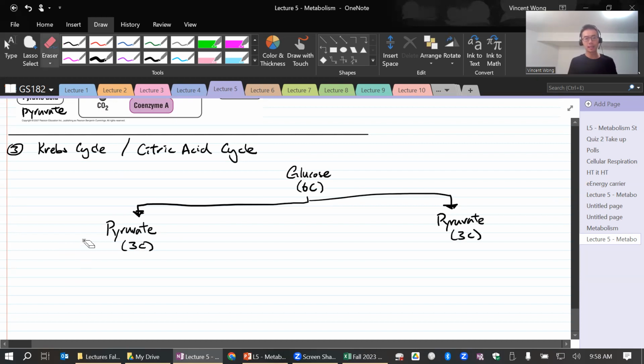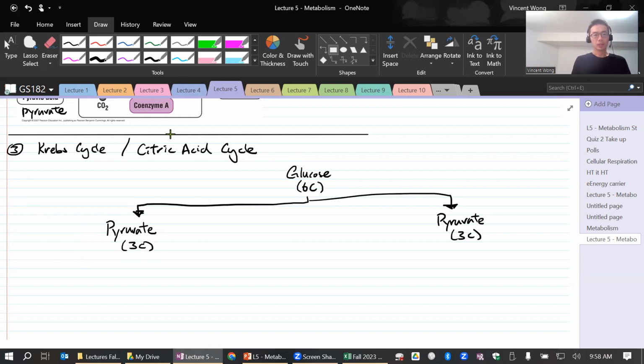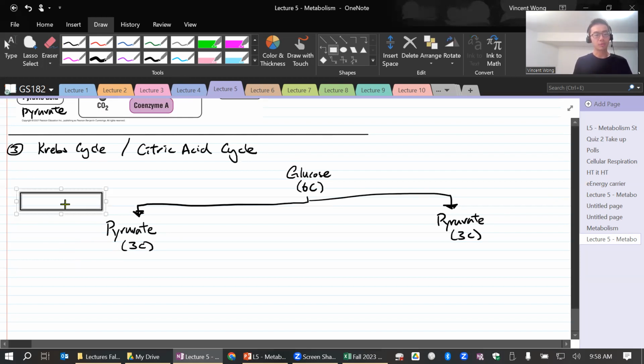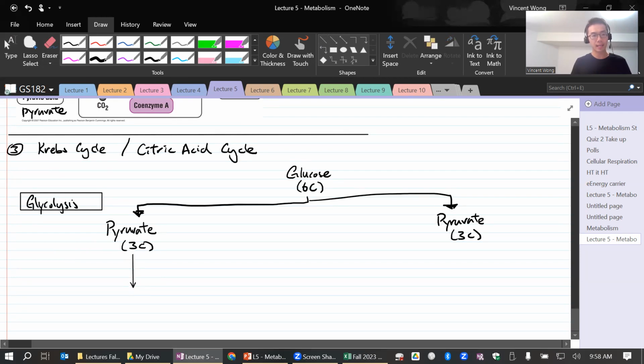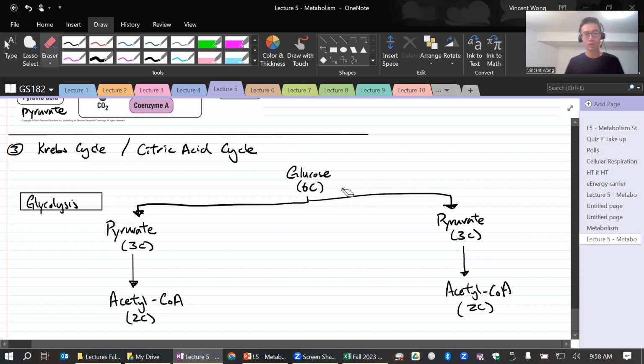Okay, so sorry, I'm starting to lose my mind here. This is glycolysis, right? Okay. And then each of these things are gonna become acetyl-CoA, which is 2 carbons now. 2 carbons left from the original glucose.